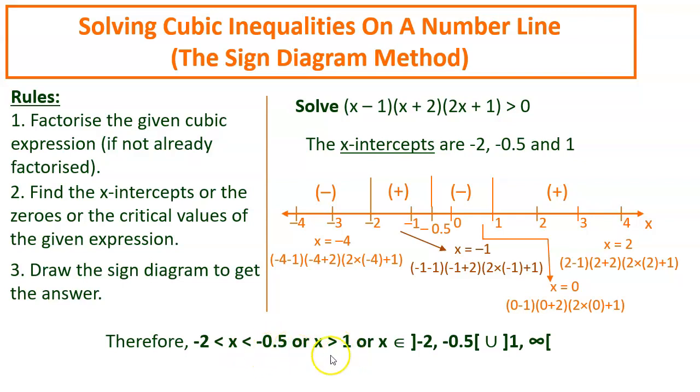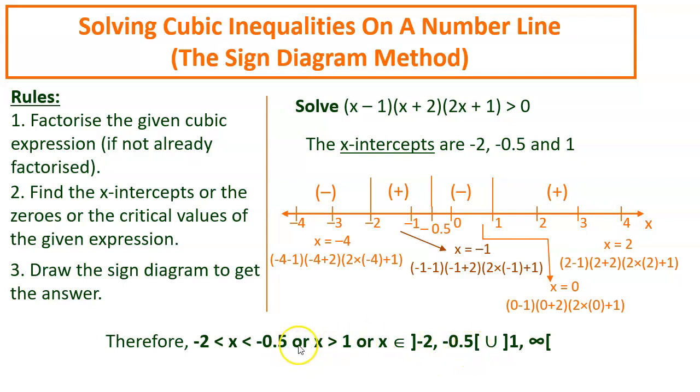You can write the same answer in interval notation form. This is the interval notation form of giving the same answer. x belongs to this interval -2, -0.5. I could have used the parentheses as well. These two open brackets mean that these two values are not included within the solution set.